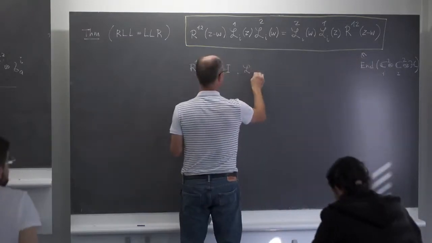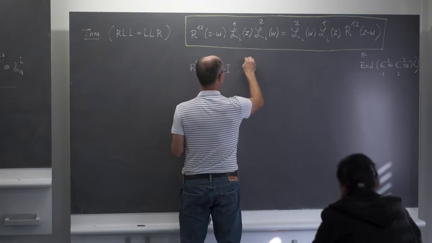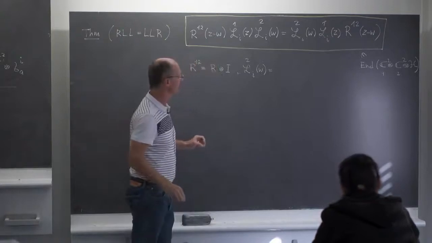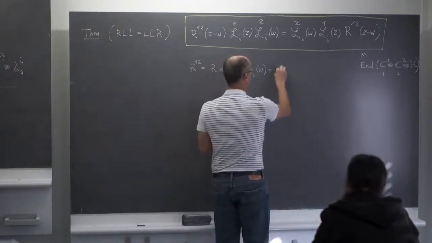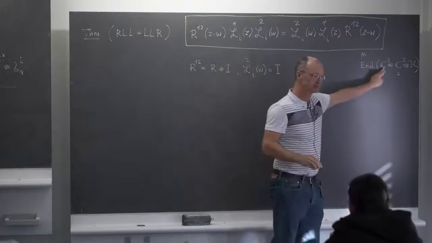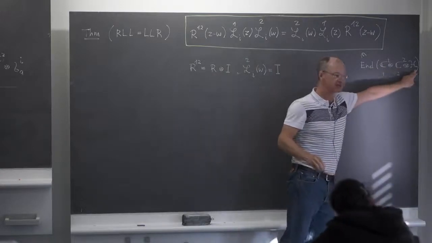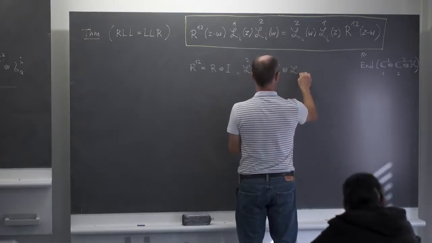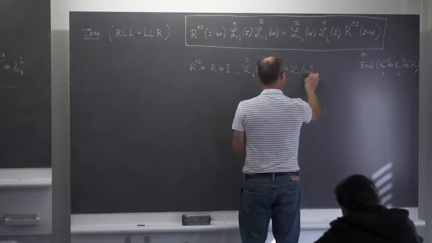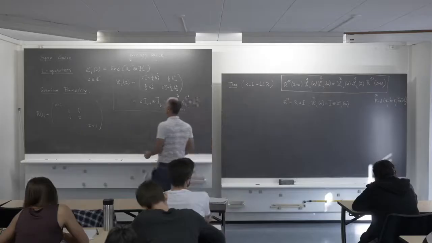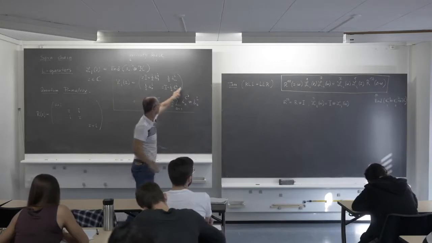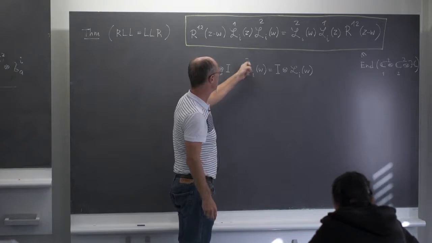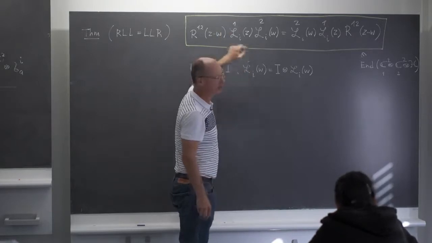Now let me write Li2 of W. So this guy acts by 1 in the first space, and in the product of the second and H, it acts by Li of W, right? So by this formula.